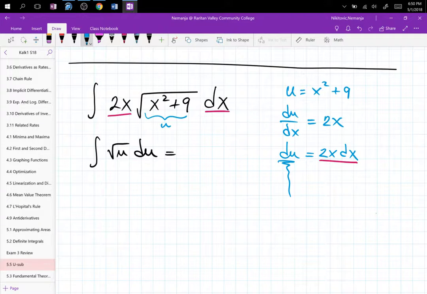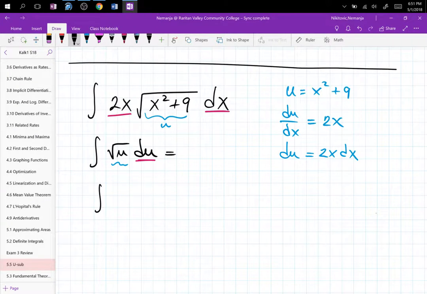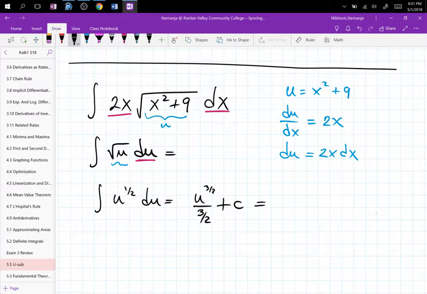And so this is my blue one, and this is my red one. There you go. So this is u to the 1/2 du. You integrate that, you get u to the 3/2 divided by 3/2 because we are just adding 1, plus c. This is actually equal to 2/3 u to the 3/2 plus c.